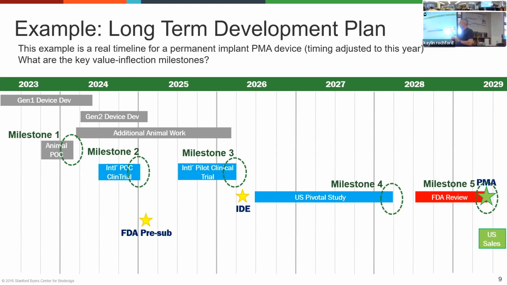And at that point, you go and file for your IDE, investigational device exemption, with FDA, and then start that big pivotal study, which when that completes, if you hit your endpoints and collect some good data, it's another big value driving milestone that you can then use to go through the FDA process. And in this case, secure your PMA. Other devices may face, as I'm sure you've heard in other lectures, de novos or 510Ks or other pathways.